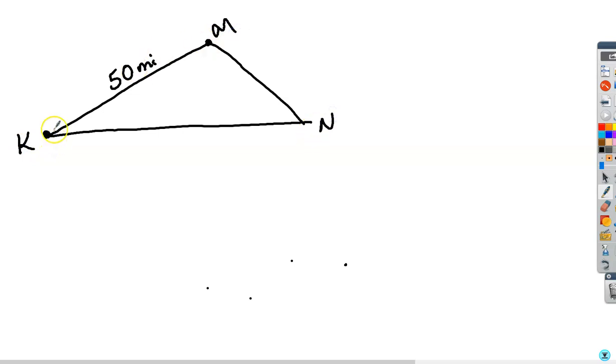Maybe the distance from town M to N is only 37 miles. And perhaps I know that the angle between these two roads, if you will, is 108 degrees.